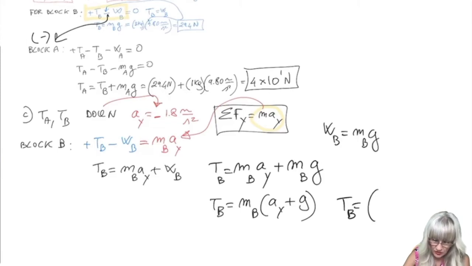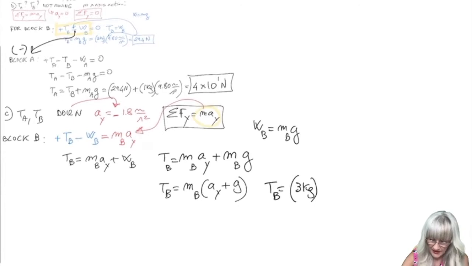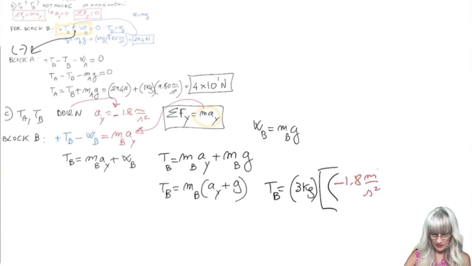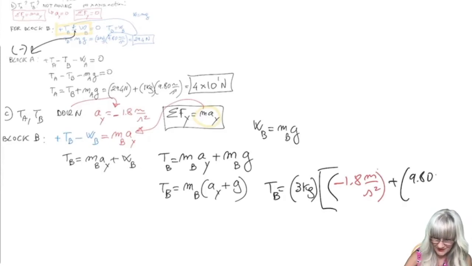Mass of B was 3 kilo. Then I'm going to open a square bracket so I can plug in the very famous negative 1.8 given by the problem. Close parentheses, plus g, that is 9.80.